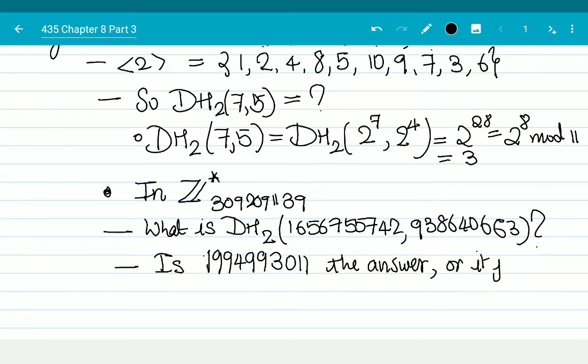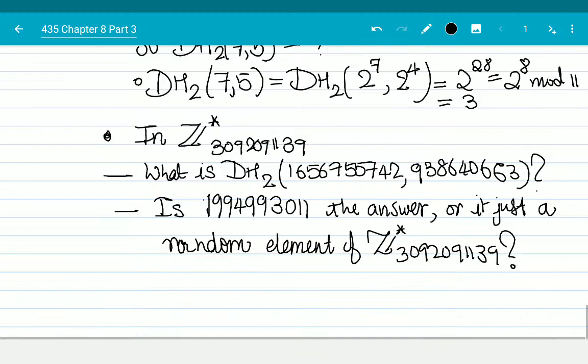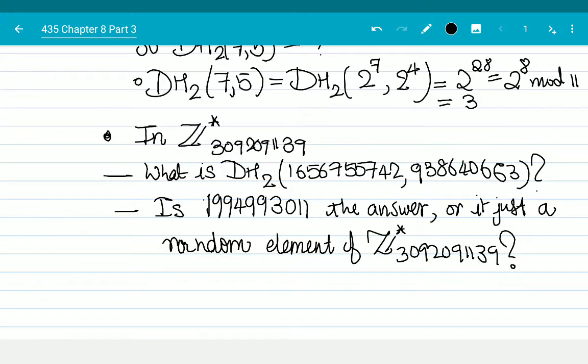Or is it just a random element of Z star 30909, whatever the number was, 2091139? Question mark. Okay? And if you can answer this nicely, yes or no, that is bad because this should be a hard problem. And this is called the decisional Diffie-Hellman problem.